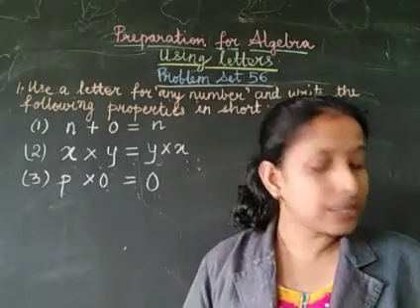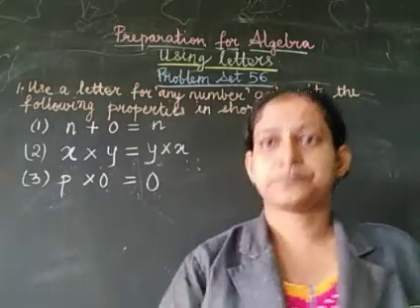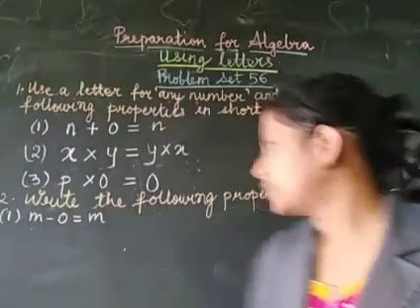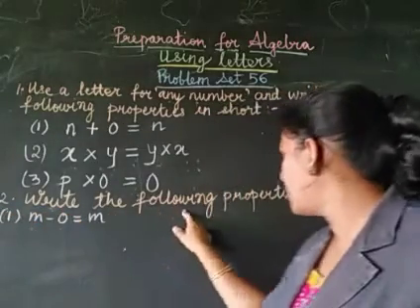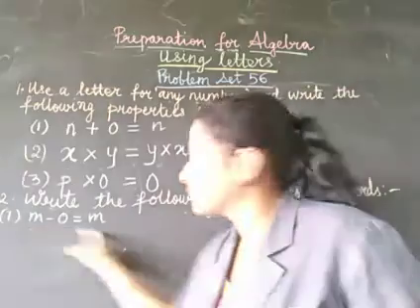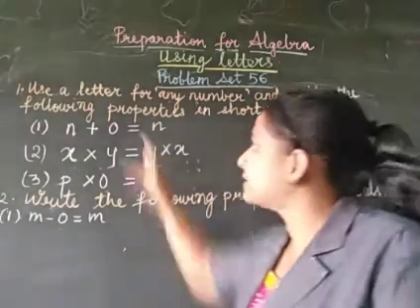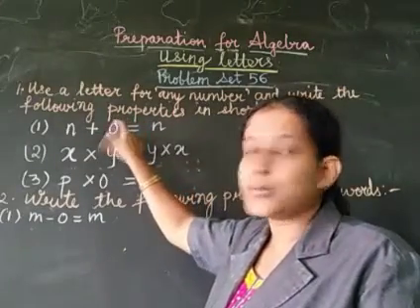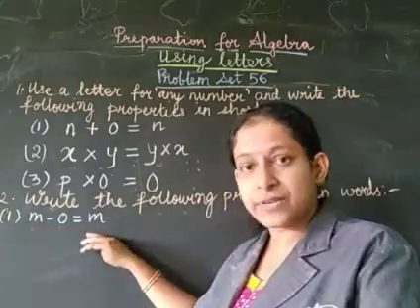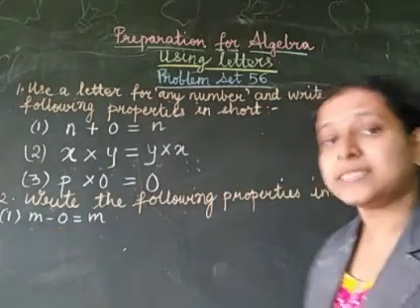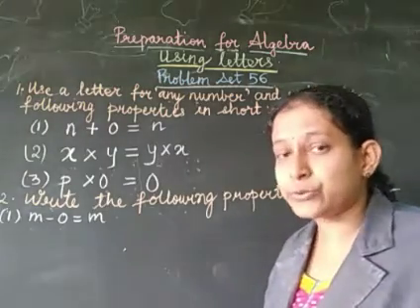Let us go for the second question, which is the last question of this lesson. The second question is, write the following properties in words. Earlier it was given in words, and we wrote it in the form of a property. Now the property is given, and we have to design the sentence for this. We have to write in words. So let us try to write.